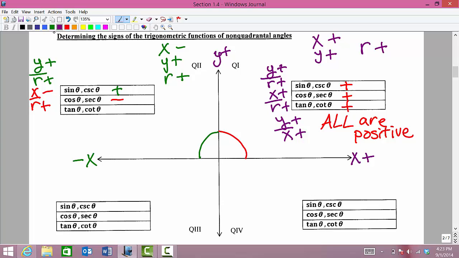What about tangent? Well, tangent is y divided by x. Y is positive, x is negative. A positive divided by a negative is a negative. And the same would be true for its reciprocal.